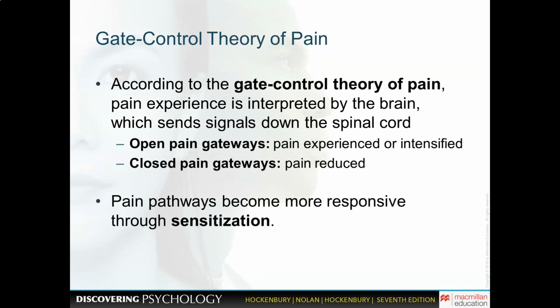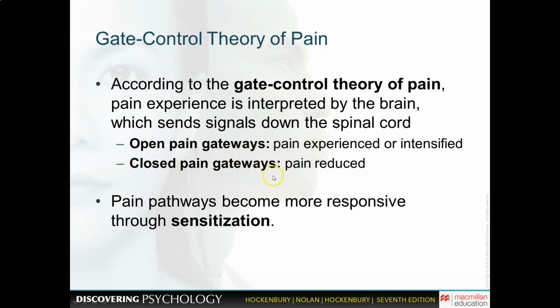Okay, then we have what's called the gate control theory of pain. That's how pain travels through our spinal cord. When we experience pain, and that's interpreted through our brain, that sends signals down the spinal cord. If we're able to experience the pain, that's because the gateways in our spine are open.